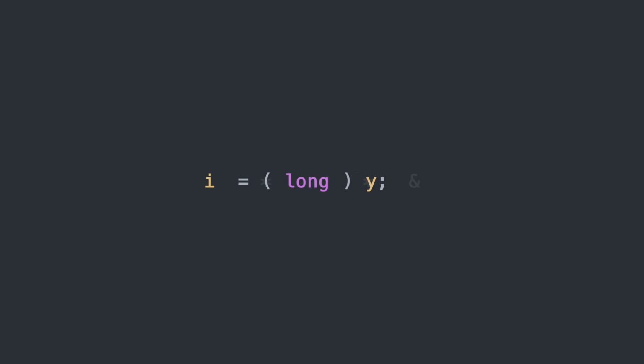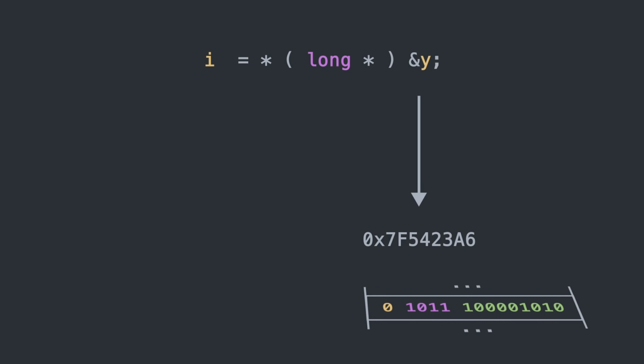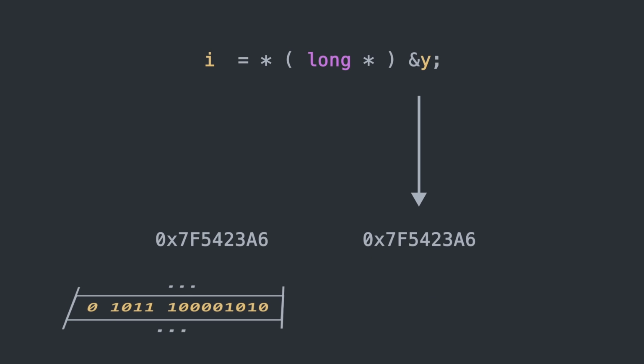The way you achieve this is to convert the memory address, not the number. First, we get the address of y. This is the address of a float. Then you convert that address from a float's address to a long's address. The address itself doesn't change, but C now thinks that the number living at that address is now a long.